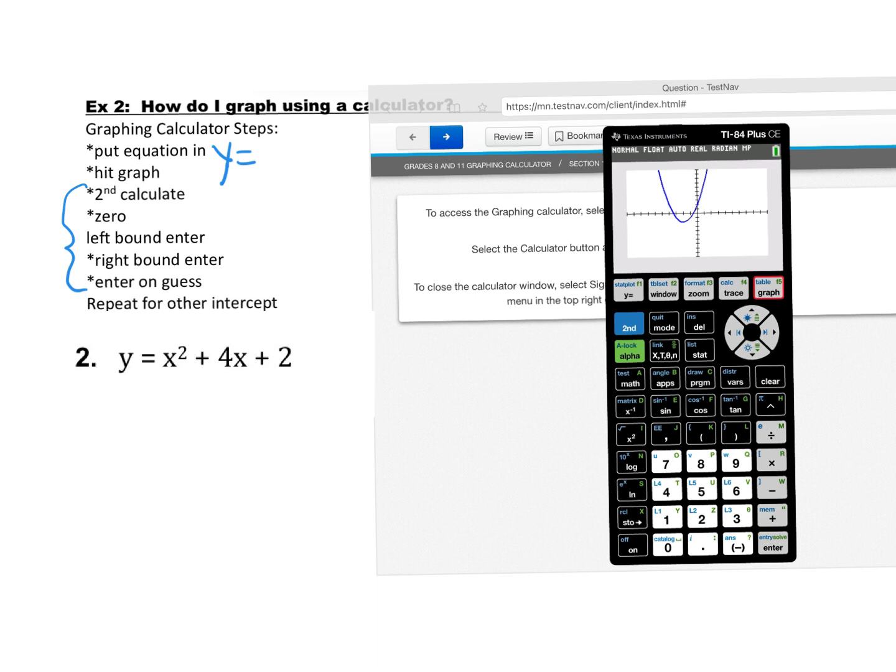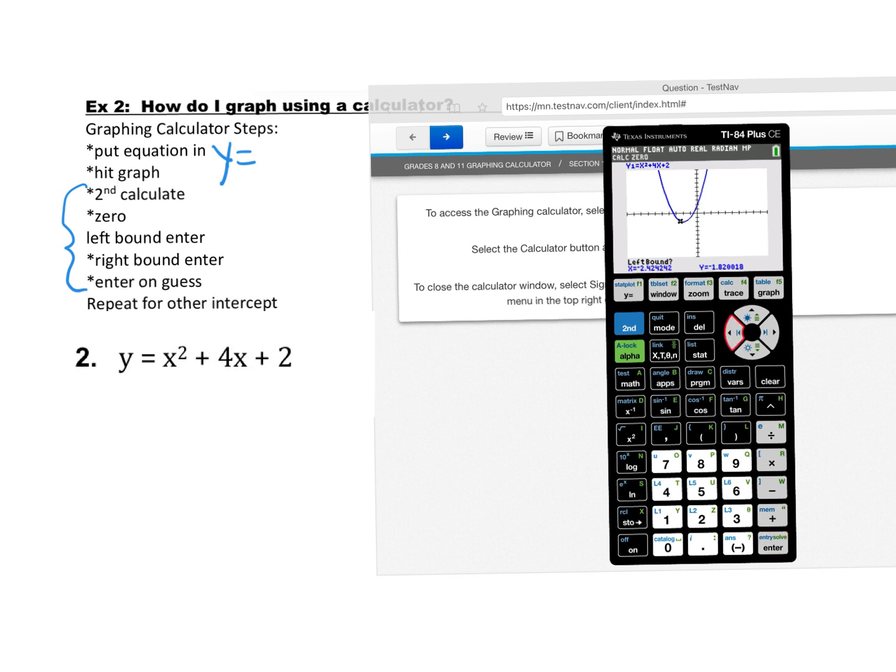And then remember that we have to then find our zeros. And so we're going to then start by doing the second calculate. And then again, we're going to come on down to the 0. And we're going to then press enter. And now we're going to scroll all the way over here so we can get to that left bound.